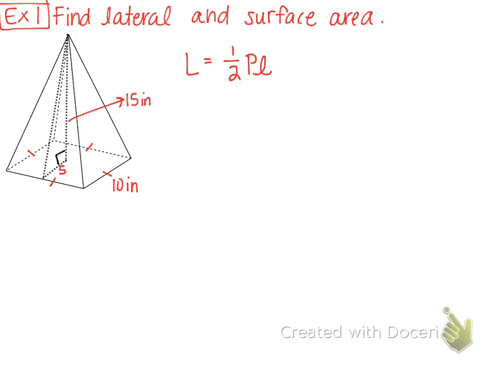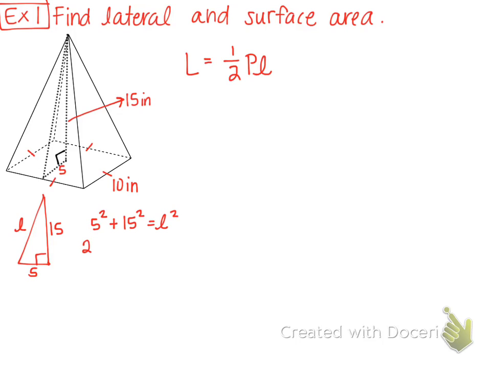So I'm going to pull this triangle out of our shape, if I can draw it correctly. Alright, so if this is 5, the height of this thing is 15. This is going to give me my slant height. So I need to use the Pythagorean theorem to figure out what my slant height is. So I have 5 squared plus 15 squared is equal to L squared because our slant height is our hypotenuse.